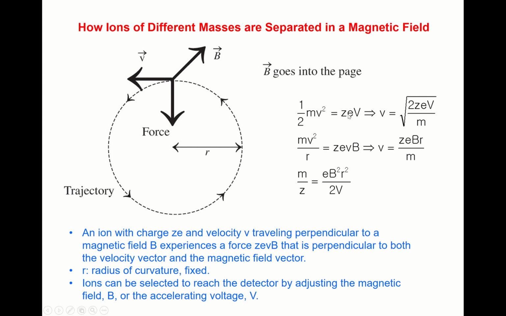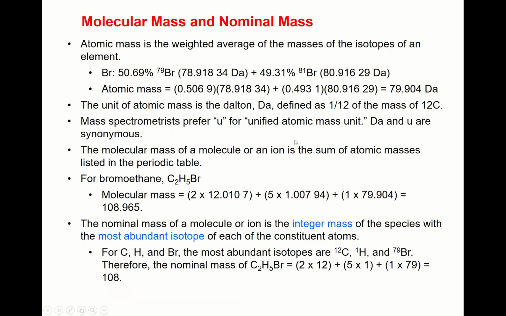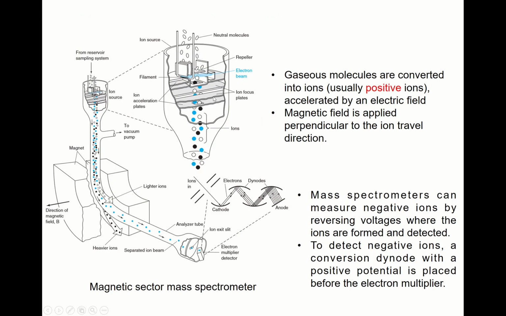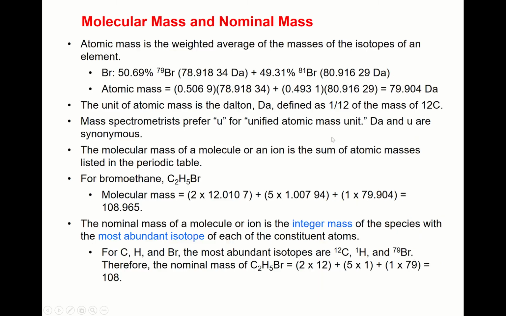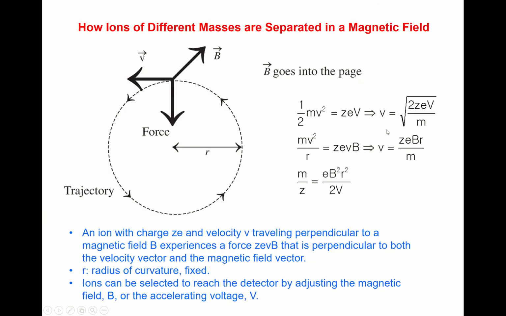This potential energy is obtained because the ions are accelerated by the potential difference, so people usually apply a potential. From this equation, the velocity is given by this simple equation.